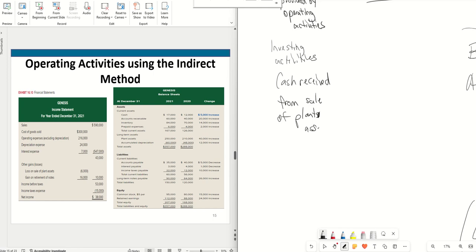And that's going to be a plus $2,000. So normally the investing activity section along with the financing activity sections have fewer items in them than the operating activity section. All right, so this is it for the investing activity section, and the next recording is going to be on financing activity.